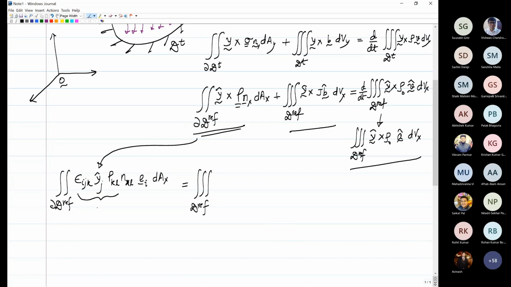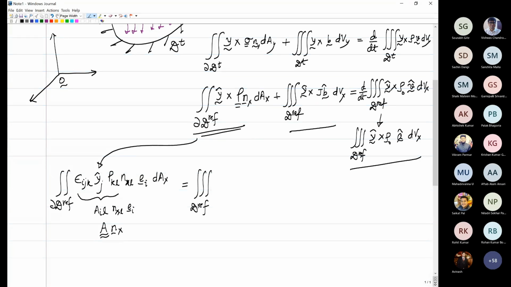If I think of this part as A il, multiplied with nx l e i, then this whole thing is A times nx, where A is such that A il is given by what I just wrote above.